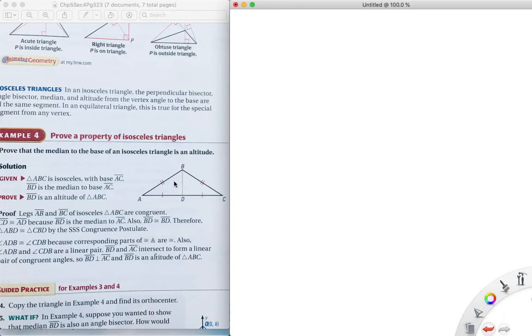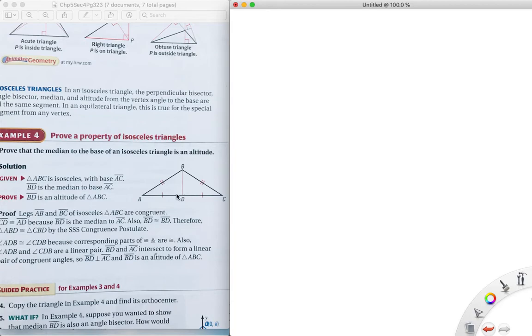I'm not going to get into the thought process too much, but they give me that it is isosceles, so I know this side and this side are the same. They also tell me that it's the median, so I know that this and this are the same. I can use reflexive to say BD is congruent to itself, so both triangles are congruent because of side, side, side.